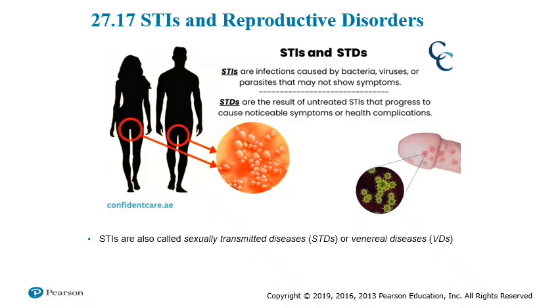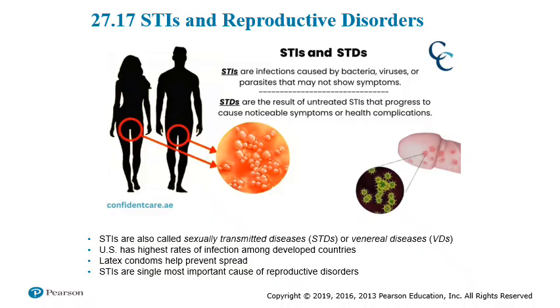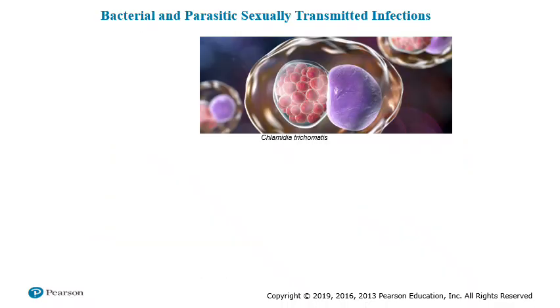STIs are sometimes also called venereal diseases. The United States has the highest rate of infection among the developed countries. Latex condoms help prevent the spread of these STIs. And STIs are the single most important cause of reproductive disorder. So we hope to prevent STIs as much as possible.